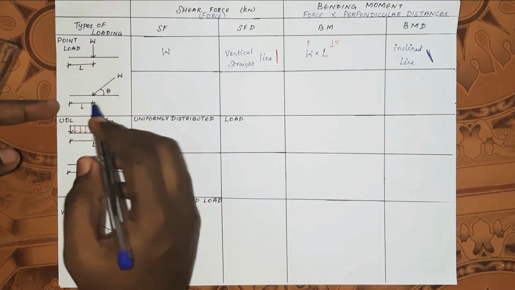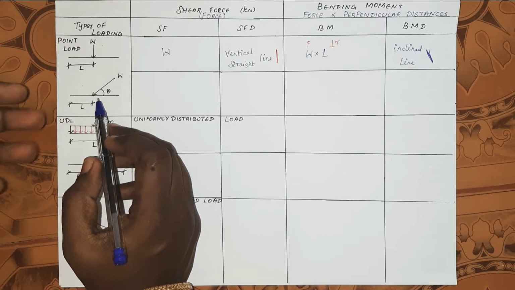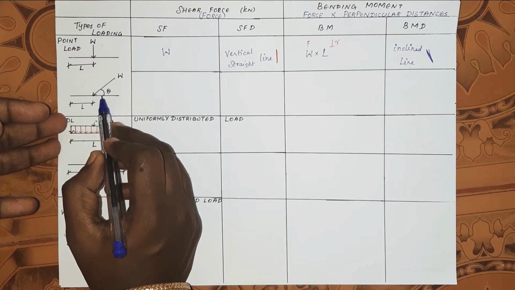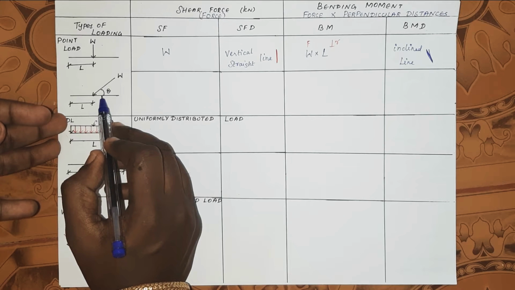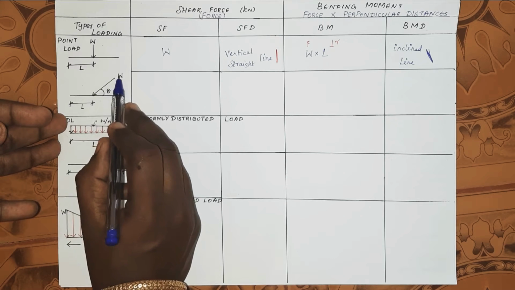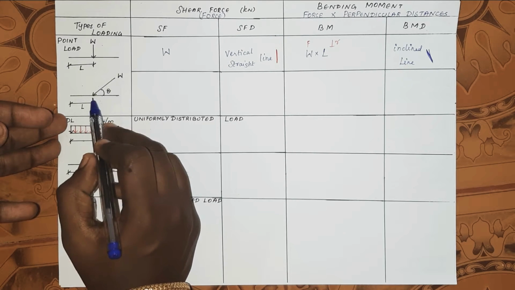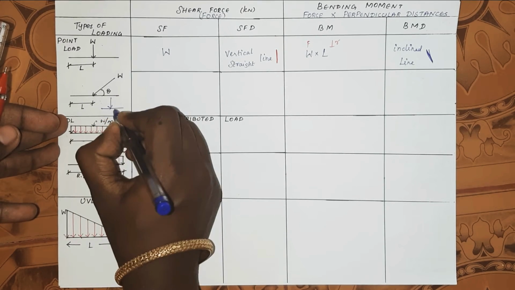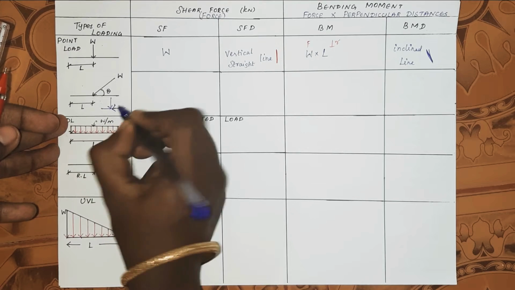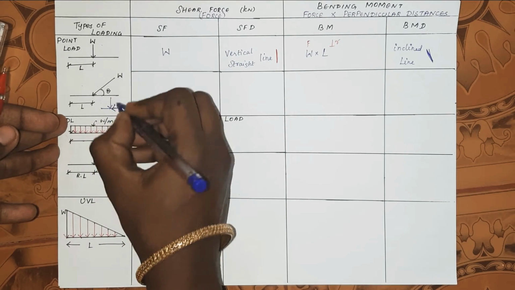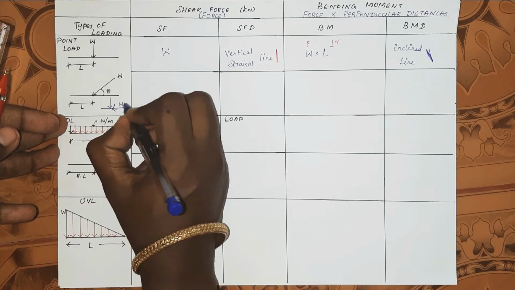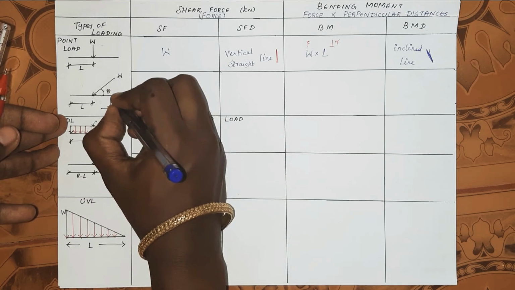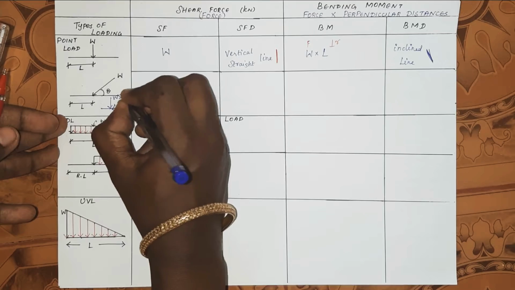Again, some questions in this class have this type of point load. When a point load is acting inclined at an angle, for this condition you have to convert this inclined point load into vertical and horizontal components. For the horizontal, the load becomes W cos theta, and for the vertical, W sin theta.